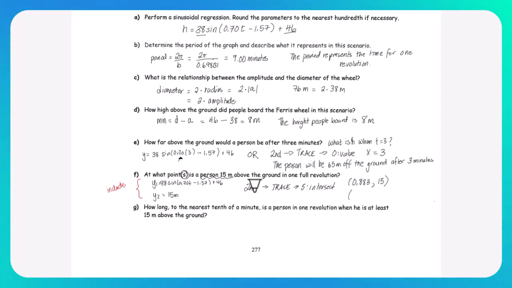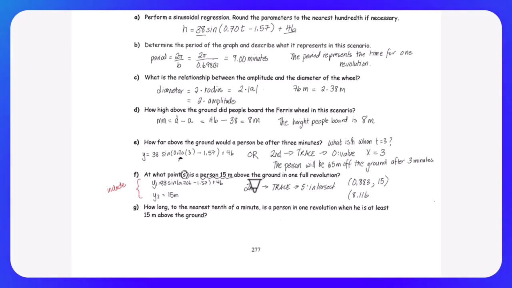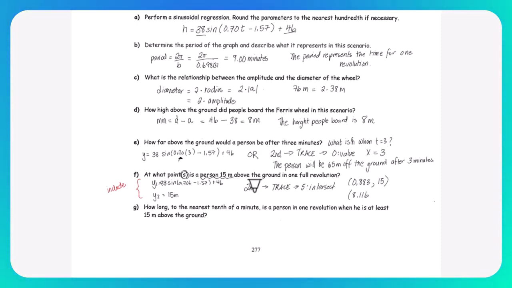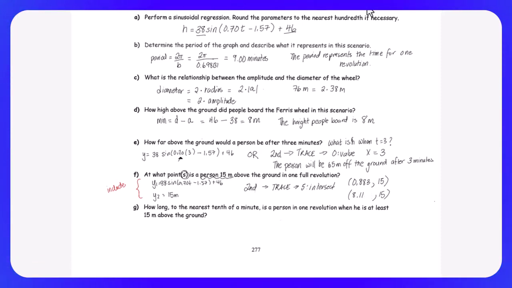And the other point was 8.116 and 15. 2 sixes. We can round to the nearest thousandth and make that a 7, if you like, let's do that just for consistency. There we go. So those are the points that are 15 meters above the ground.